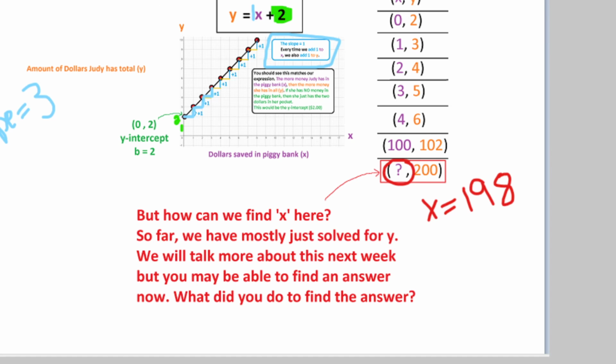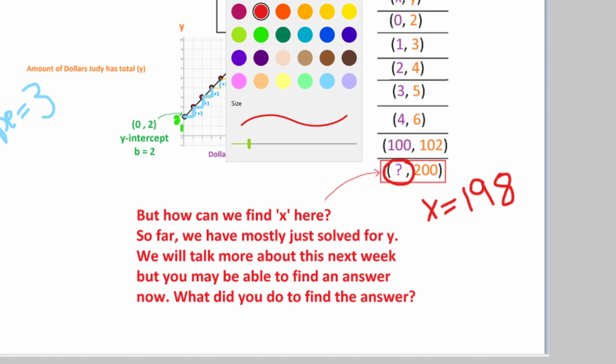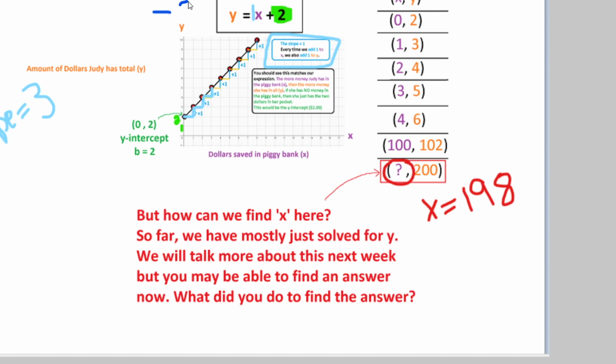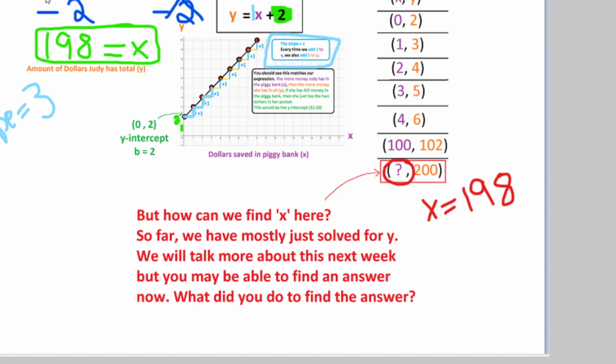And what you're going to see is if you set up something like this, 200, right, 200 for y, so we plugged in 200 for y, and then we said x plus 2, you're going to see that instead we can subtract 2 from both sides, subtract 2 from over here, and this tells us that x is equal to 198. So that's something we'll talk more about next week.